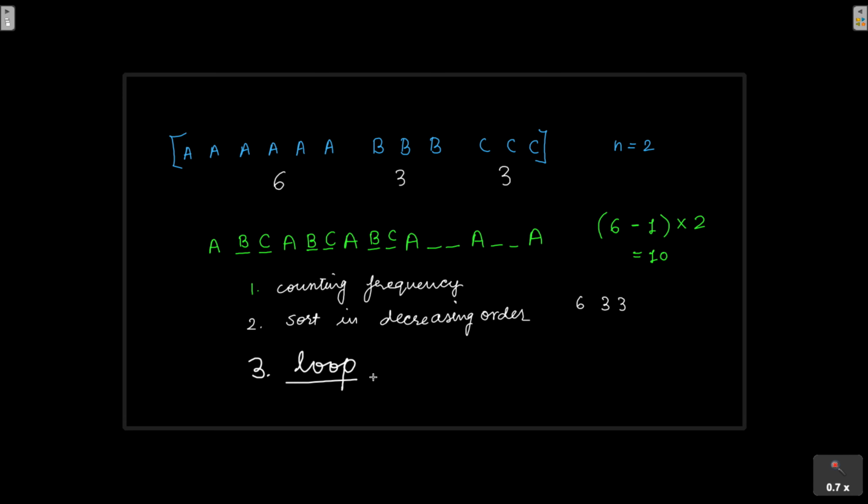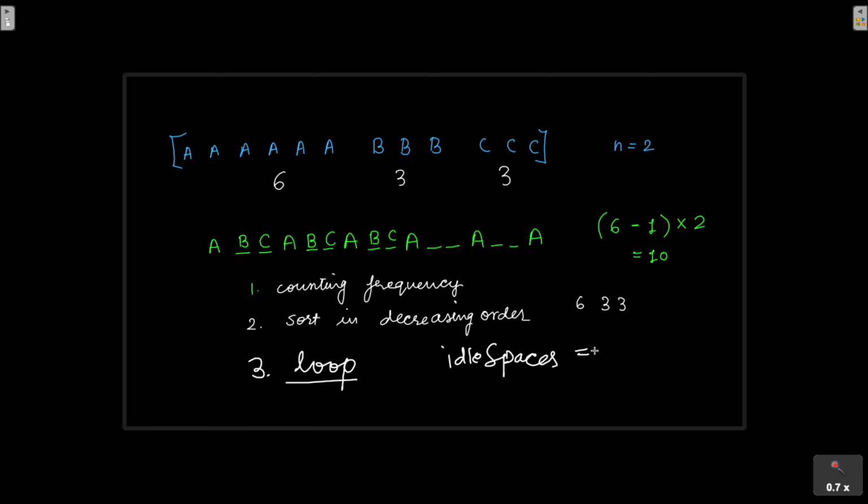And other than that, right before the loop, we are going to initialize the minimum number of idle spaces that we have to fill in. So let us call it idle spaces, and that number is going to be the maximum frequency.